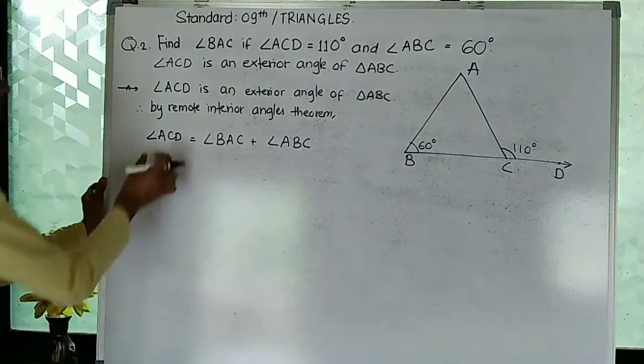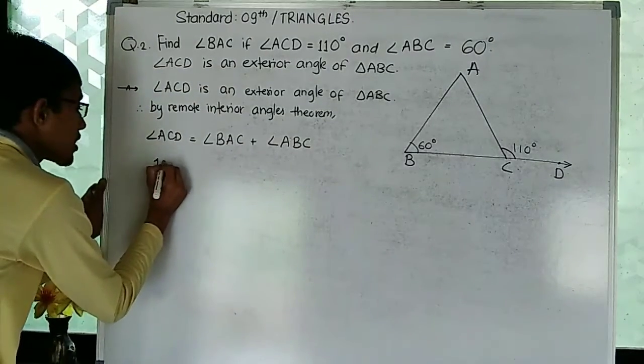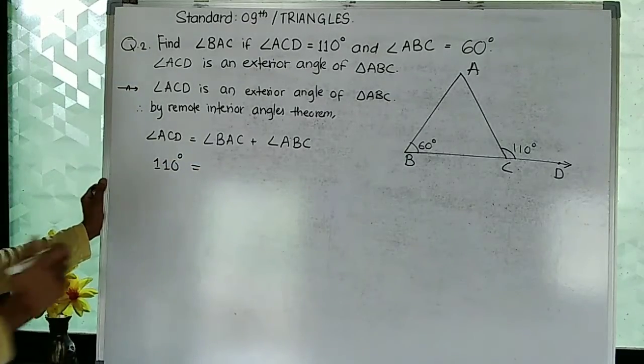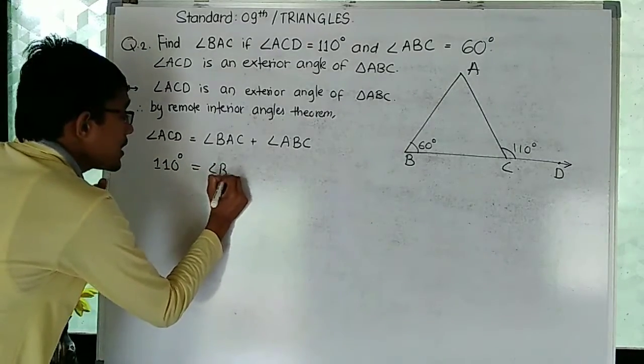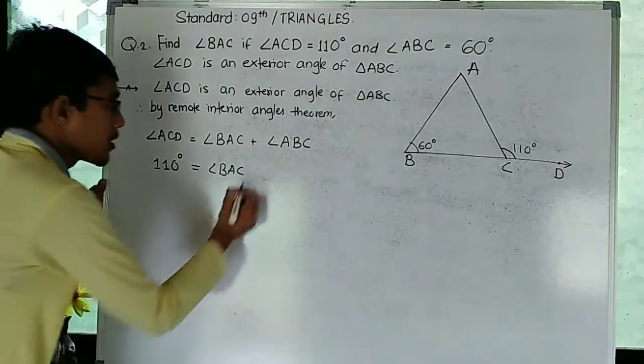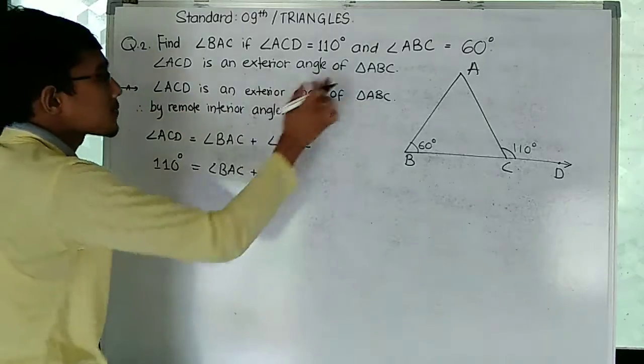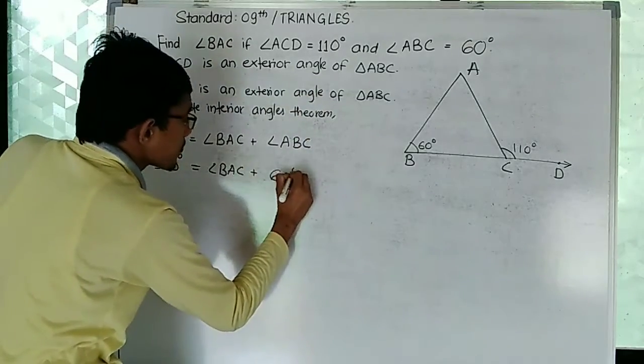Now the value of ACD is given, that is 110 degrees, equal to angle BAC, which we have to find, plus angle ABC, which is given as 60 degrees.